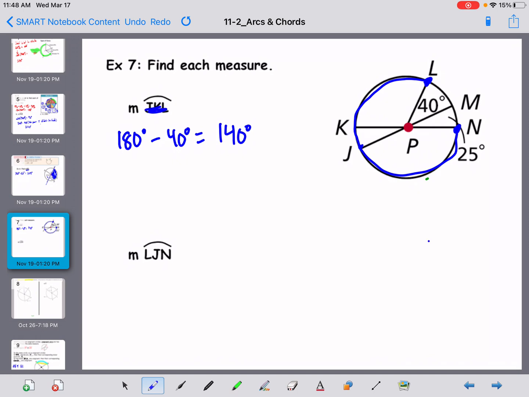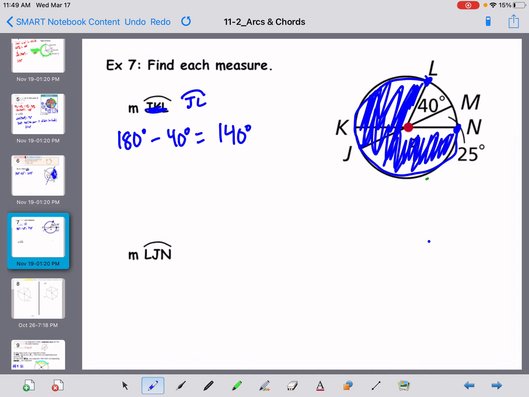It should have just been JL, okay? Because JKL is a minor arc, not a major arc, and it shouldn't have been labeled with 3. So, there we go. LJN. Wow. That's all of this right here.